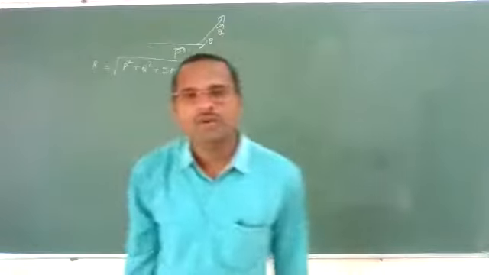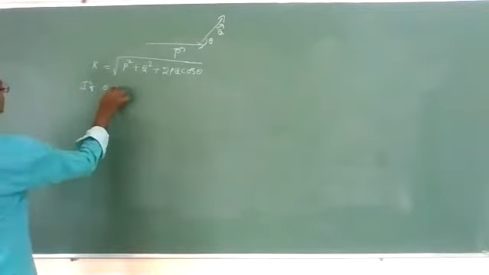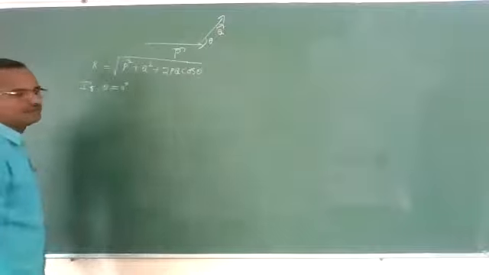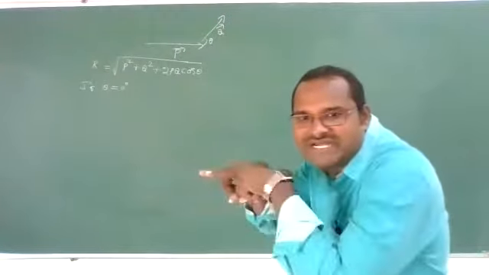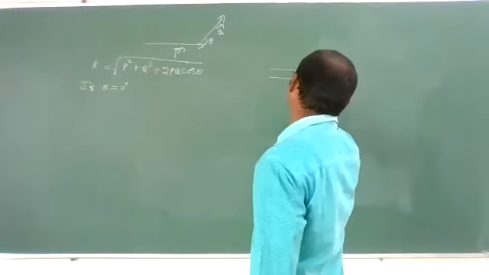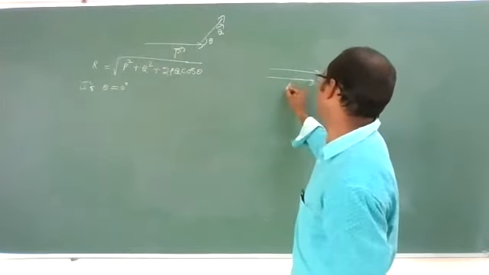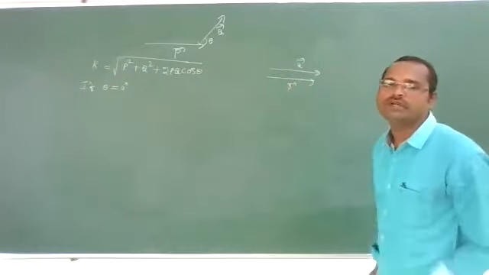Correct? Now, if theta is equal to 0 degrees, the two vectors are along the same straight line like this. This is p bar, this is q bar, and the angle between these two is 0 degrees.